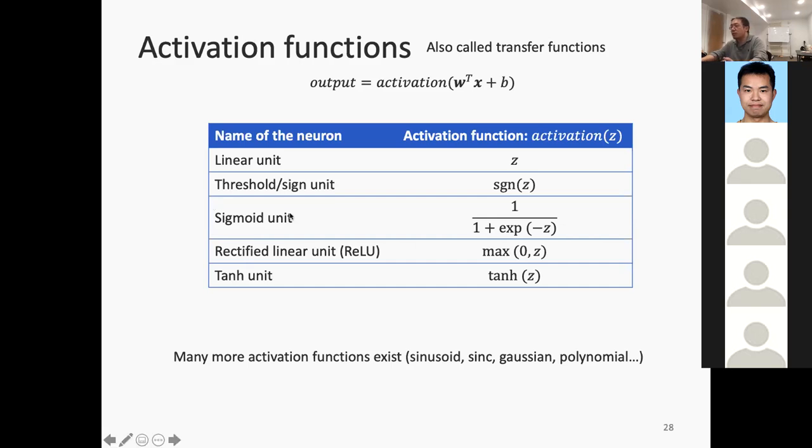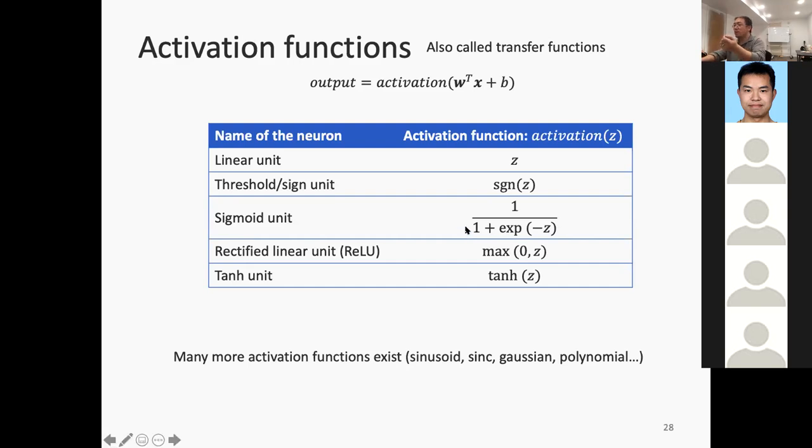The first one is called the sigmoid unit. It's 1 over 1 plus exponential to the power of minus z. The benefit of sigmoid is that for an arbitrary real score, it will squeeze this score into the range between 0 and 1.